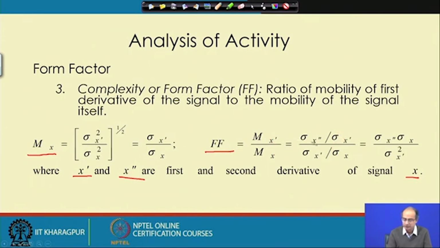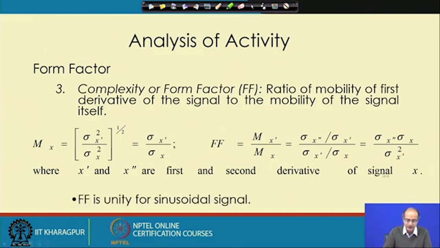So, we replace those values, and what we get is that the form factor is actually a function of the standard deviation of the double derivative of the signal, the standard deviation of the signal, and the standard deviation of the derivative of the signal. Okay.